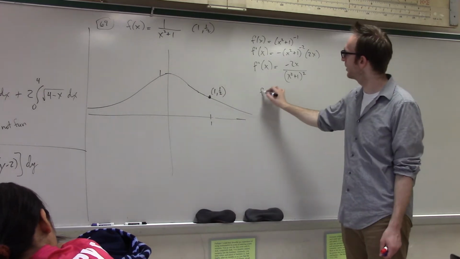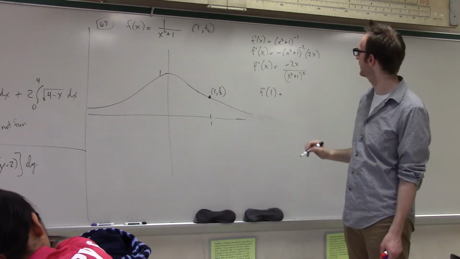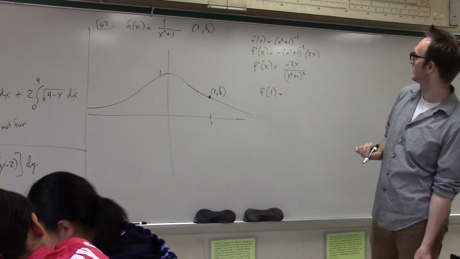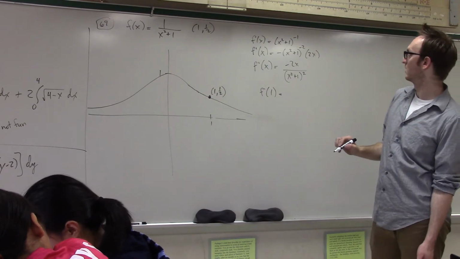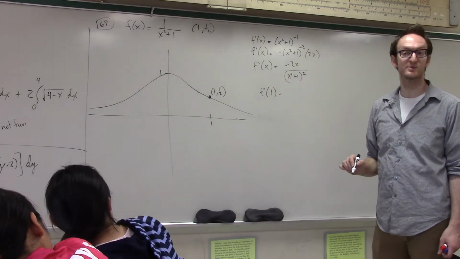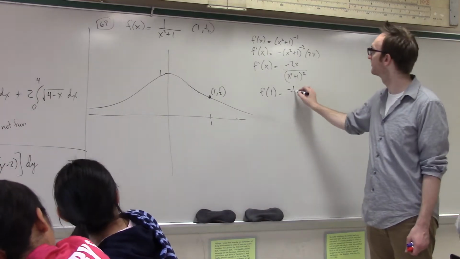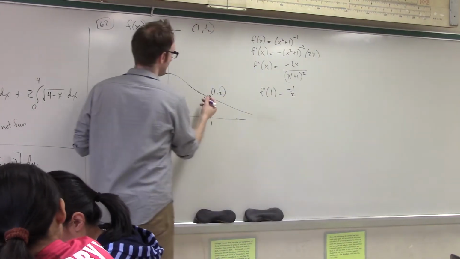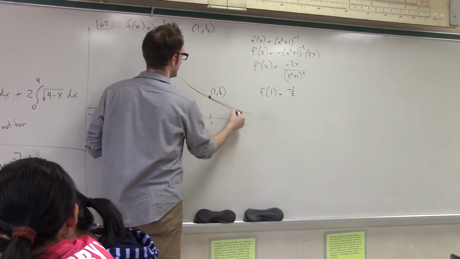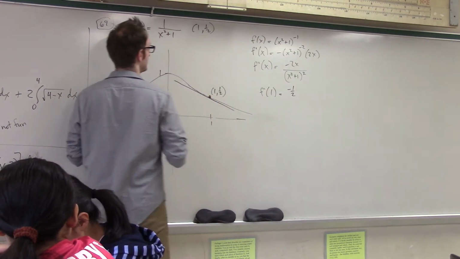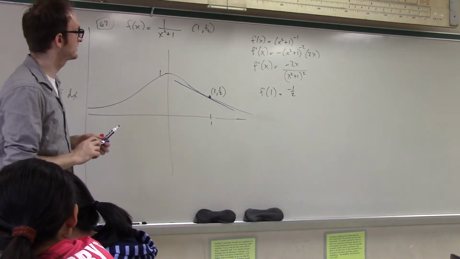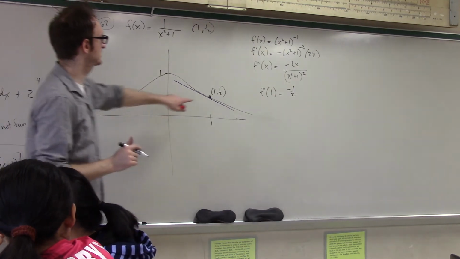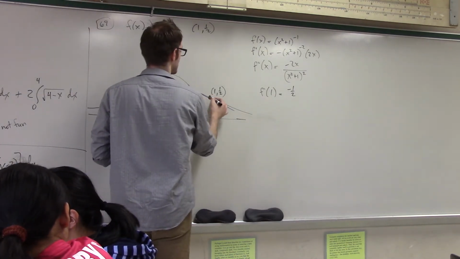But what I really want to know is what's the derivative at 1? If I plug in 1, what do I get? Negative 1/2. Okay. So that means the slope of the tangent line to the curve here is negative 1/2. And if the slope is negative 1/2, I know it's going to touch here. Where else is it going to touch?